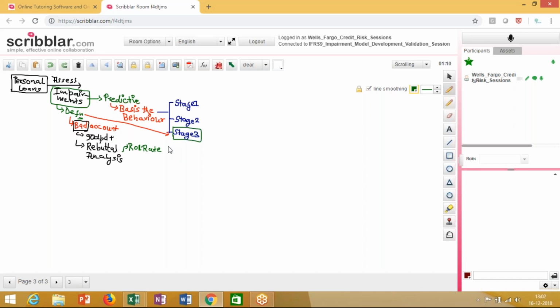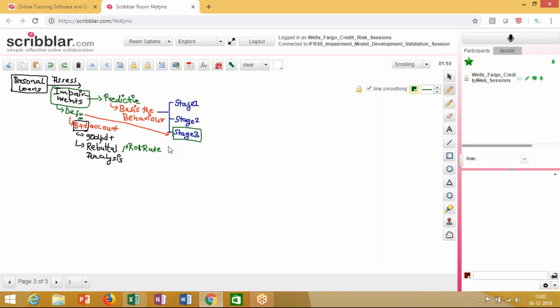No. See, once you see that your account is defaulted, right, you put 100% as reserves or as provisions for those accounts. Your prediction comes into play in stage 1 and stage 2.